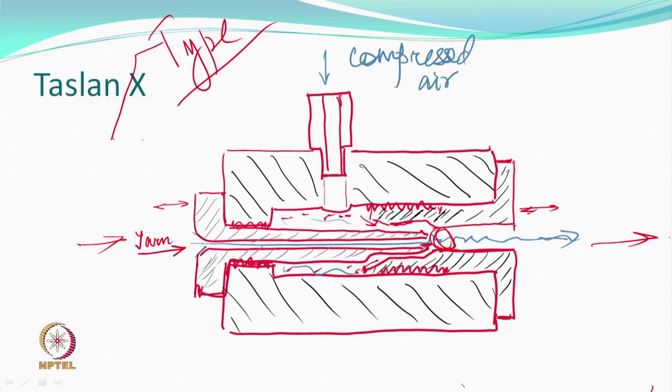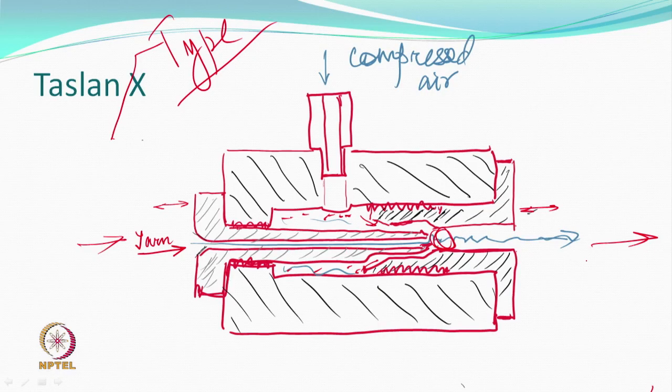Then what do we do with that? Here somehow it was felt that there was no need of a diverging exit. So, the yarn gets sucked from the front end, the feed tube can also go in and out, and the exit element can also go in and out, but from the type 9 this was a major change.